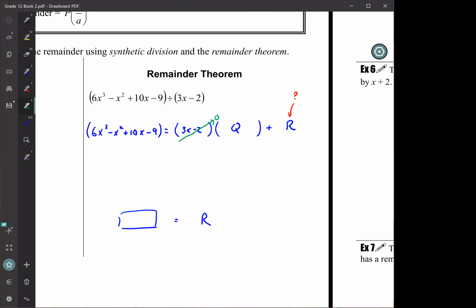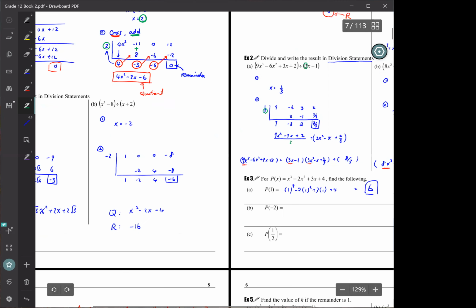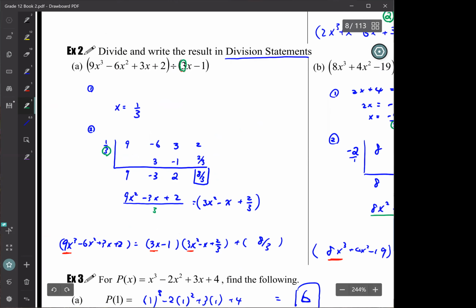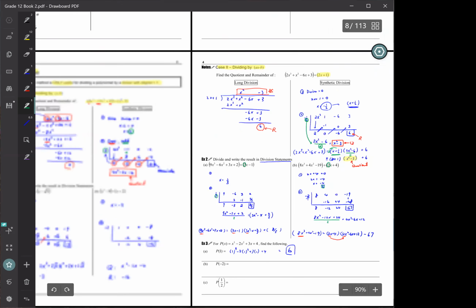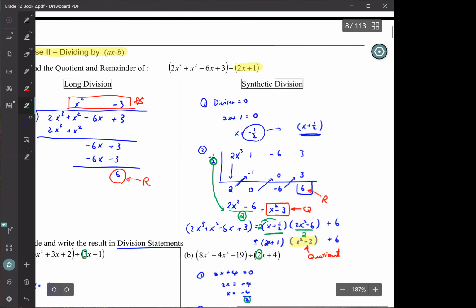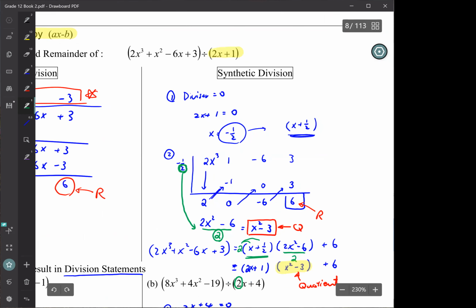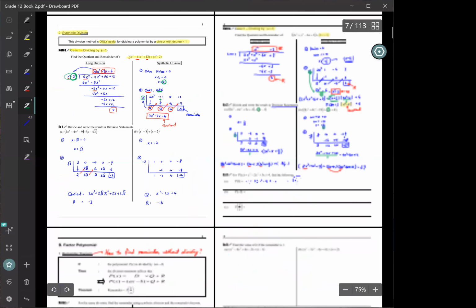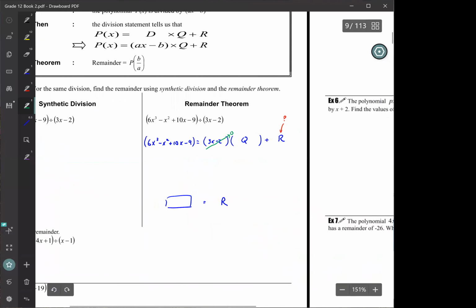Does that sound familiar, right? This is what we've been doing, making divisor equal to 0. We take 2x plus 1 equal to 0 and solve for x, then that x is going to be the number that can make it equal to 0. Make sense so far?